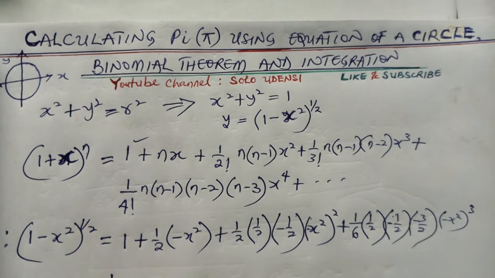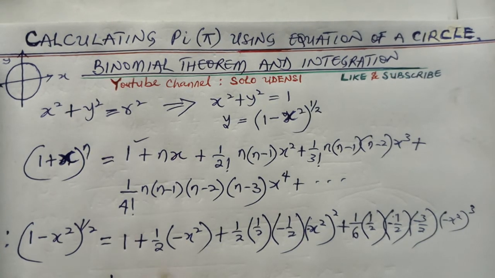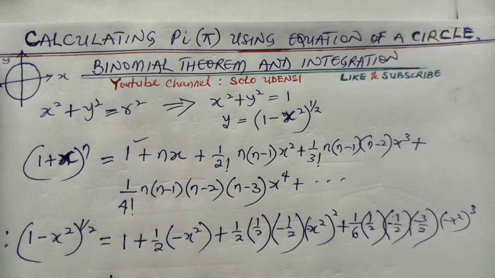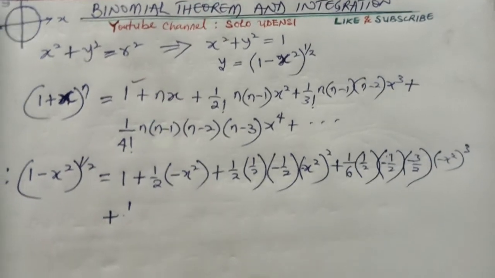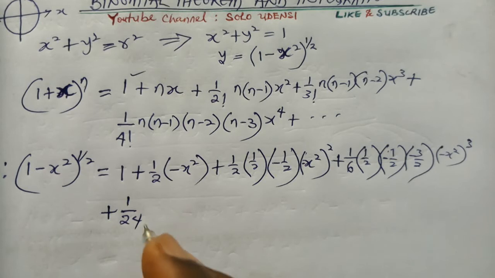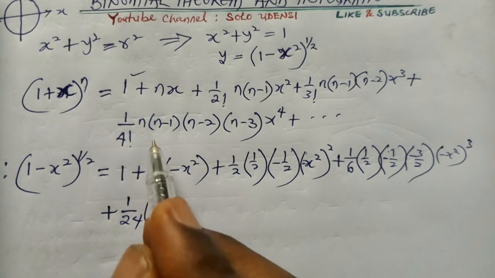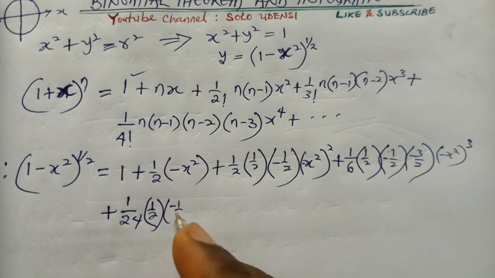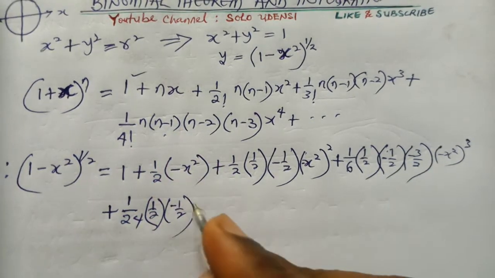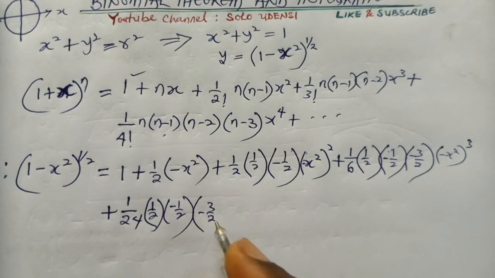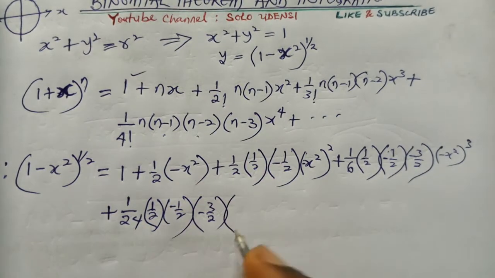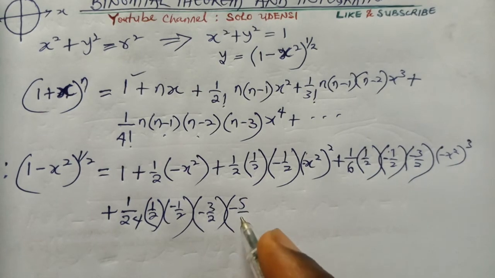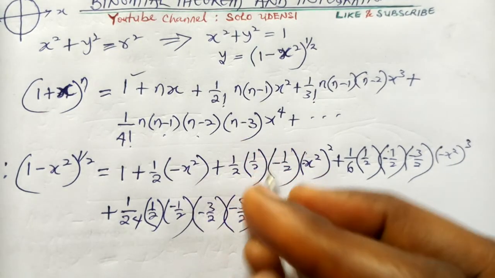So we can do it for the next one, which is 4 times 3 times 2 times 1. 4 times 3, 12 times 2, 24. So we have 1 over 24 into half, minus half for this one, minus 3 over 2 for this one, minus 5 over 2 for this one.